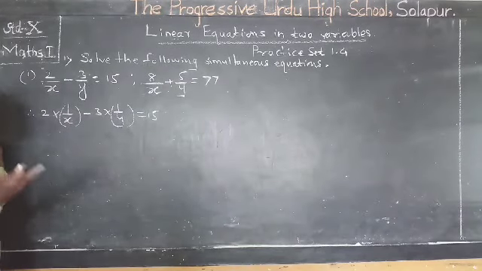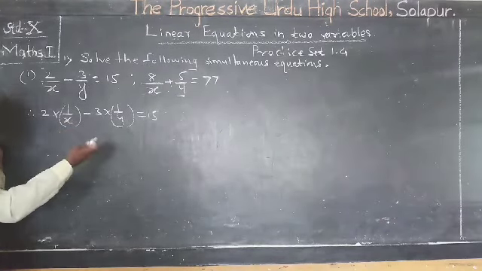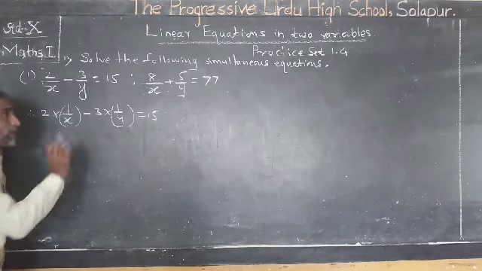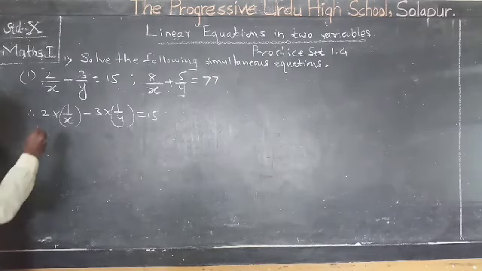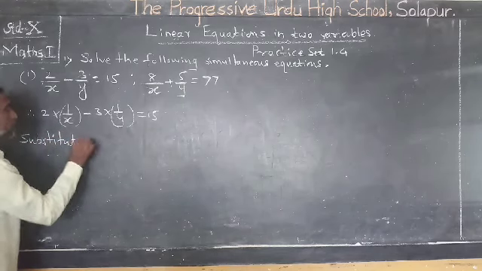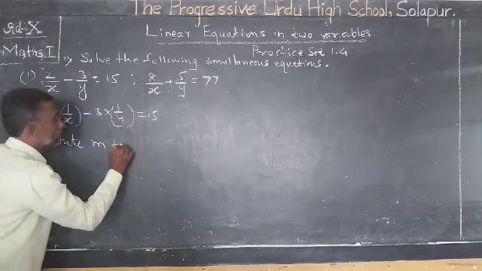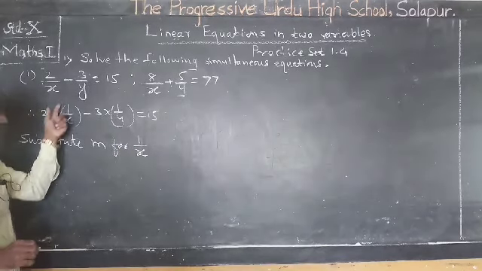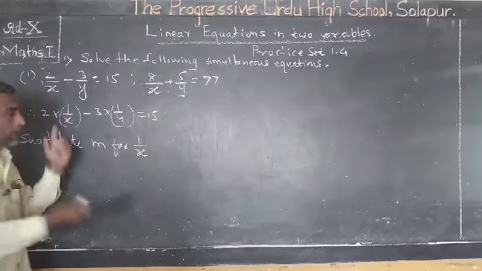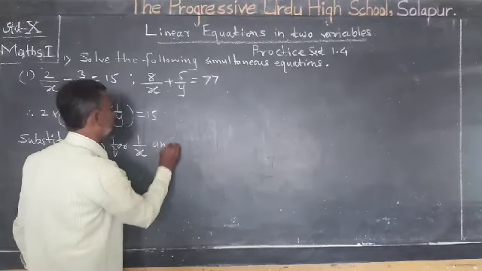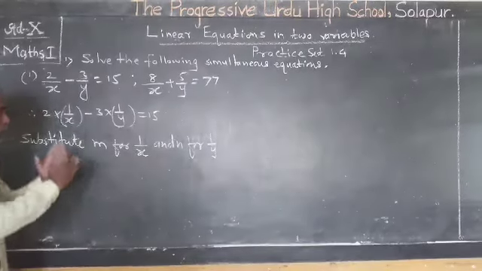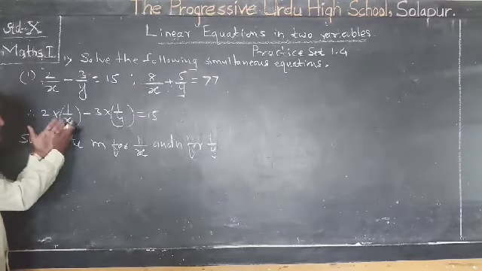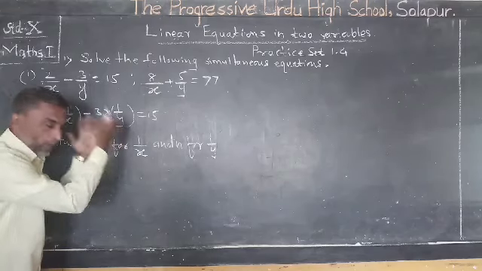Now, if you substitute different variables instead of the given variables, this equation may convert into a linear one. Substitute m for 1 upon x, and n for 1 upon y. That means put m instead of 1 upon x and n instead of 1 upon y.